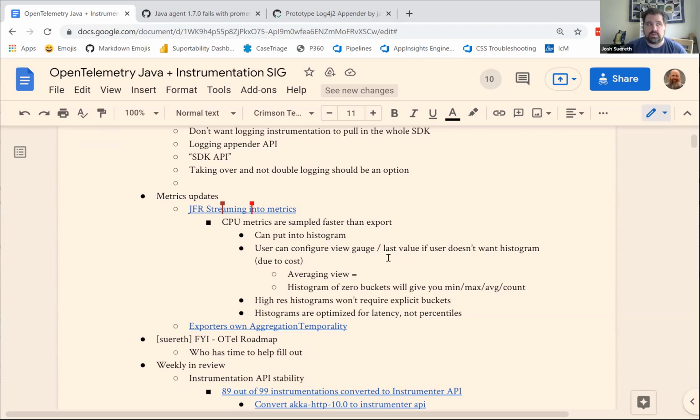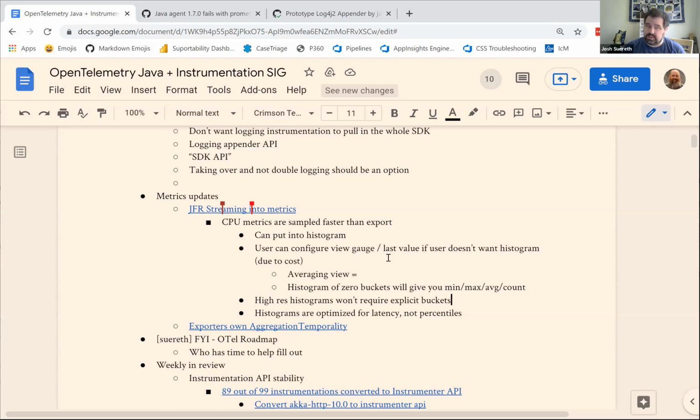Yeah. So you can configure the histogram with your own set of bucket boundaries that fit percentiles well. And we could try to define ones that fit CPU percentile usage well, that we think are good for users. We can't do that without forcing the user to write this configuration in the SDK or doing some sort of hackery, because there's no API for us to do that right now.